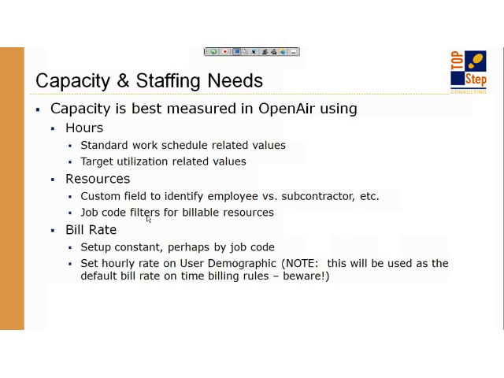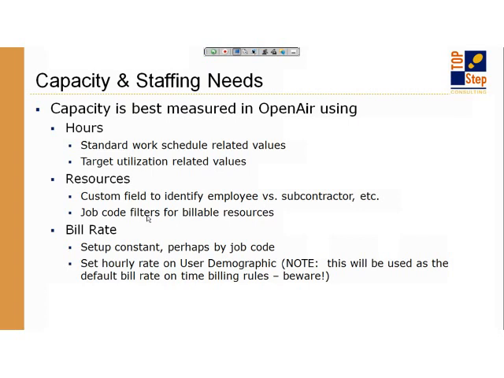Then you have to figure out not only the hours, but who the people are. Right? In your capacity planning, you probably want to include employees, specifically employees that are billable. Many of you use OpenAir for invoicing and resource management, and those resources may not be billable resources. You don't want them to factor in capacity. They are not billable people.